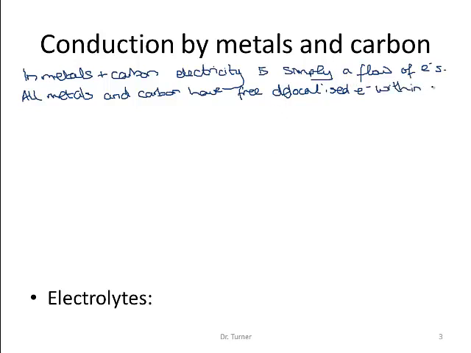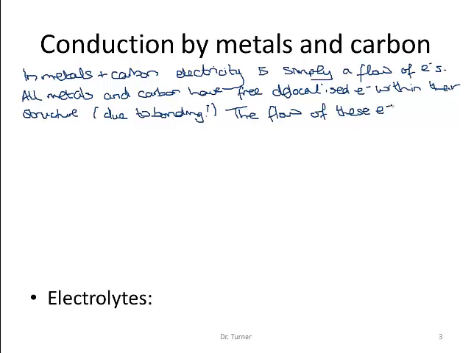This is because of the bonding present. The flow of these electrons through the substance causes no chemical change. The chemical change only occurs when it gets to the electrolyte.